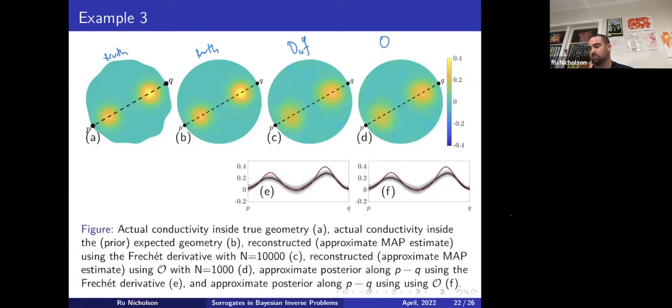And you can see that the MAP estimates have essentially converged to the same thing, and that the posterior uncertainty down here has also, after this number of samples, converged to the same thing. Even though there's a proof, it's always good to verify numerically with examples that yes, indeed, it doesn't matter which linearization we choose.